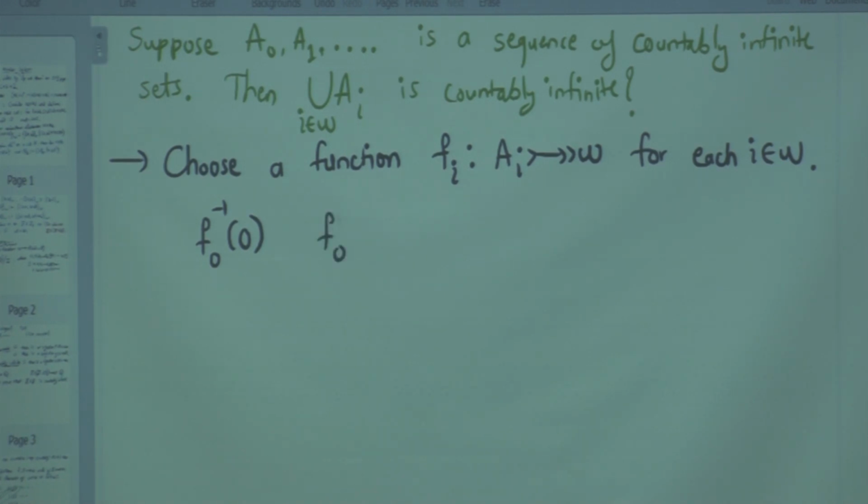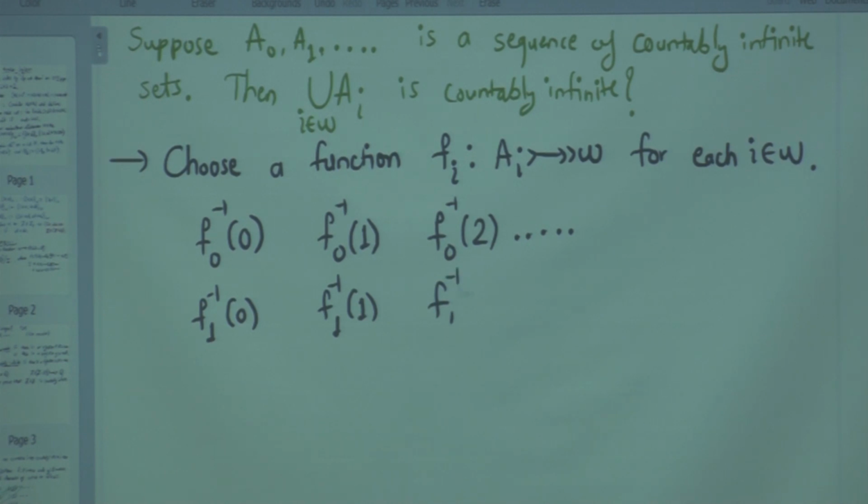Then f0 inverse of 1, then f0 inverse of 2, and so on. In the second row we will write f1 inverse of 0, f1 inverse of 1, f1 inverse of 2, and so on. And then what argument will you use? The zigzag argument.